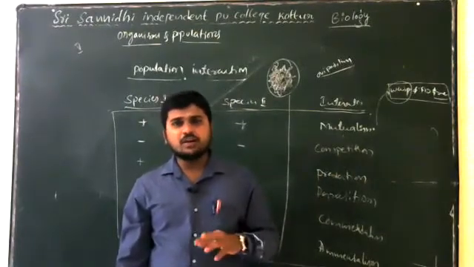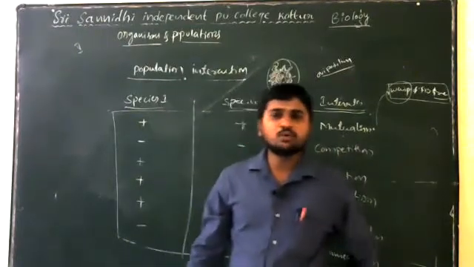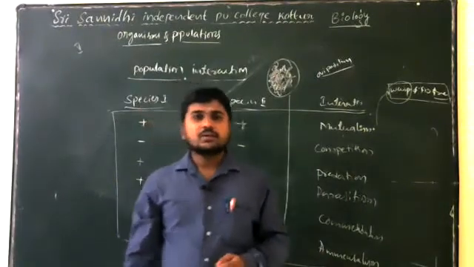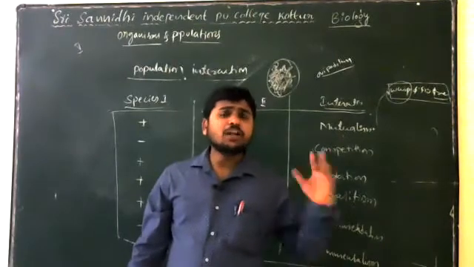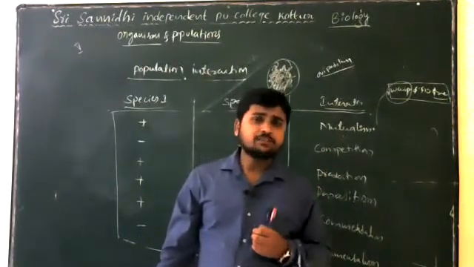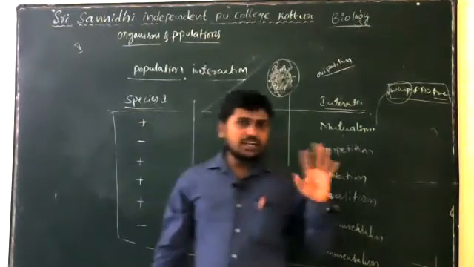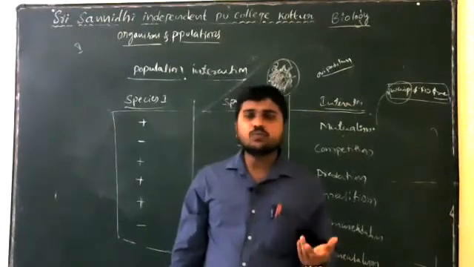This is an example for mutualism, where both get benefited and none of them is harmed. And you can take the plant and its pollinating agents, where the plant gets benefited by pollination. Without pollination, there is no seed, no fruit, right?